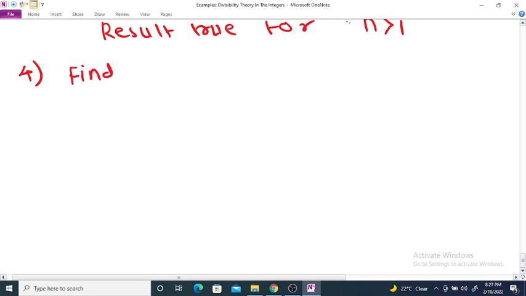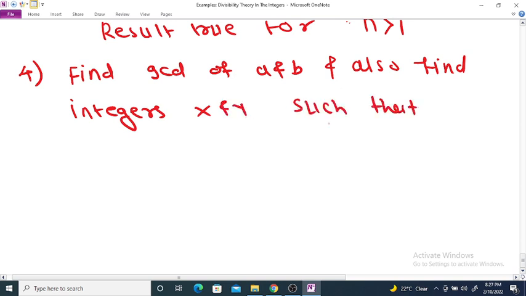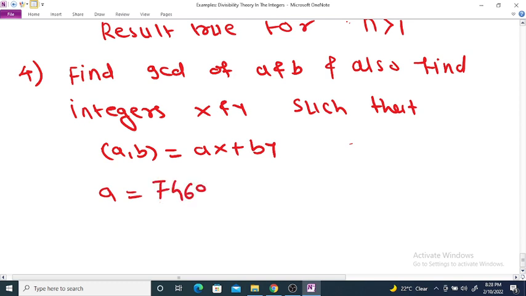Find the GCD of a and b, and also find integers x and y such that GCD of a and b is equal to ax plus by, for a equal to 7469 and b equal to 2464.